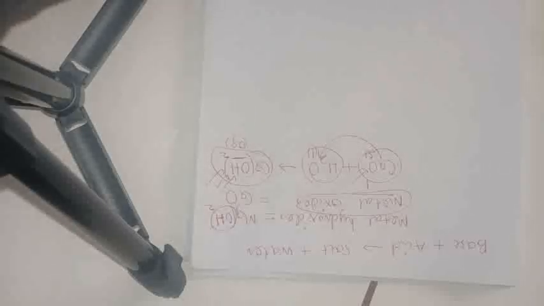So bases such as metal oxides can get dissolved in water and give us basic or alkaline solutions.